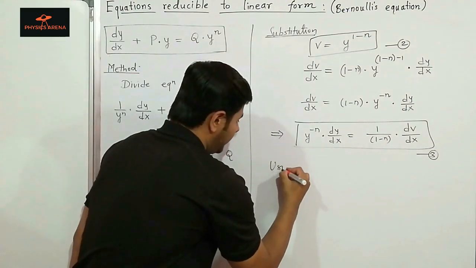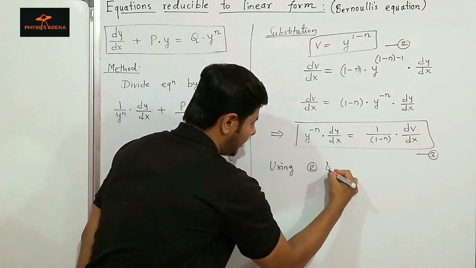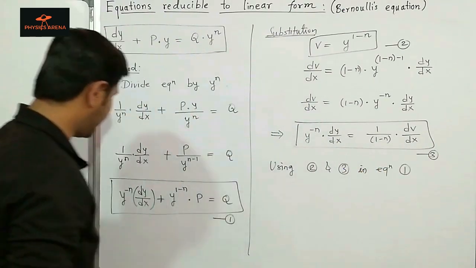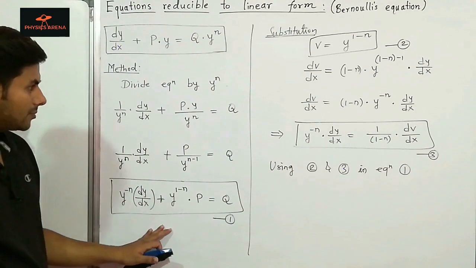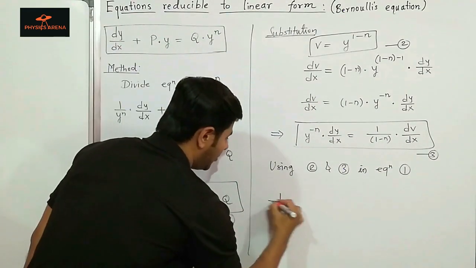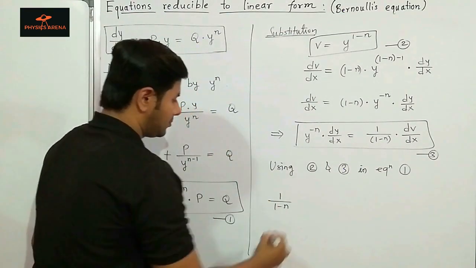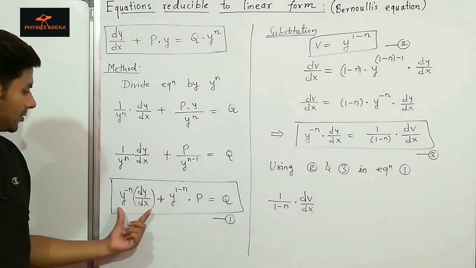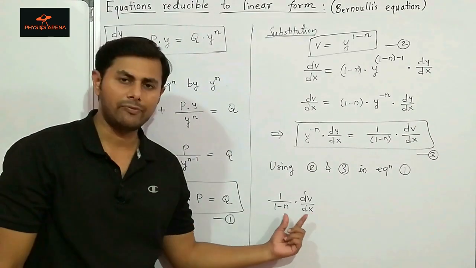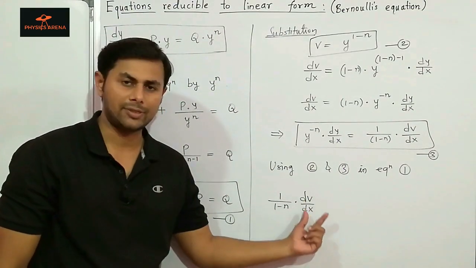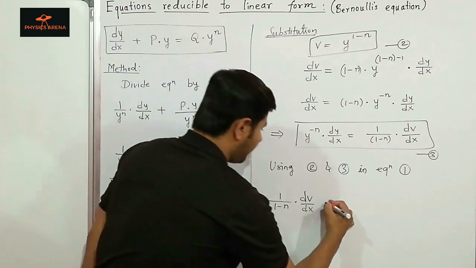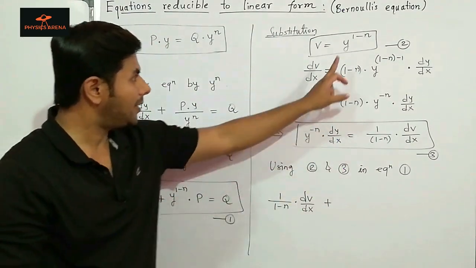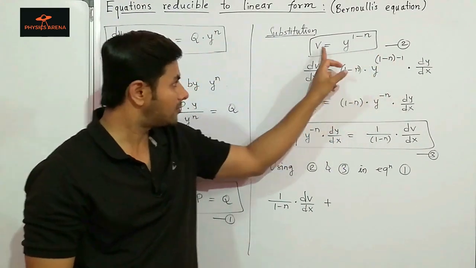So using 2 and 3 in equation 1, I can rewrite the equation 1, which is 1 over 1 minus n times dv by dx. So in place of this term, I have substituted 1 over 1 minus n times dv by dx, plus we have y raised to 1 minus n, and y raised to 1 minus n is v.